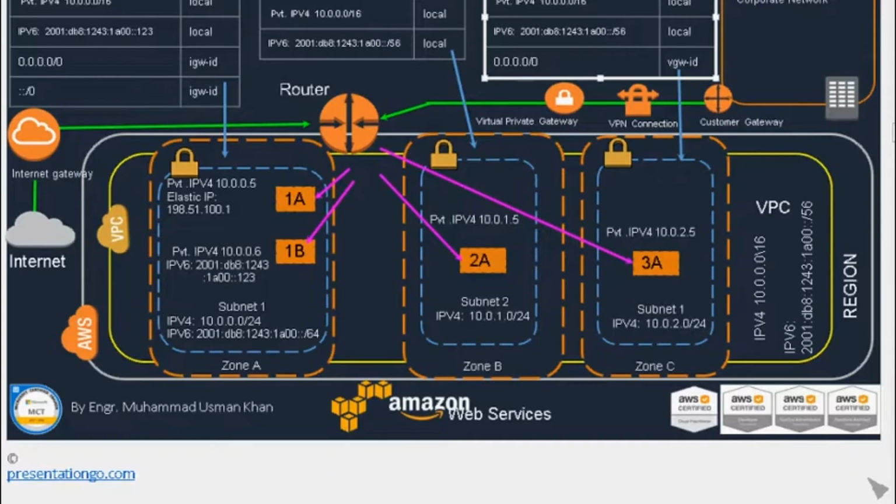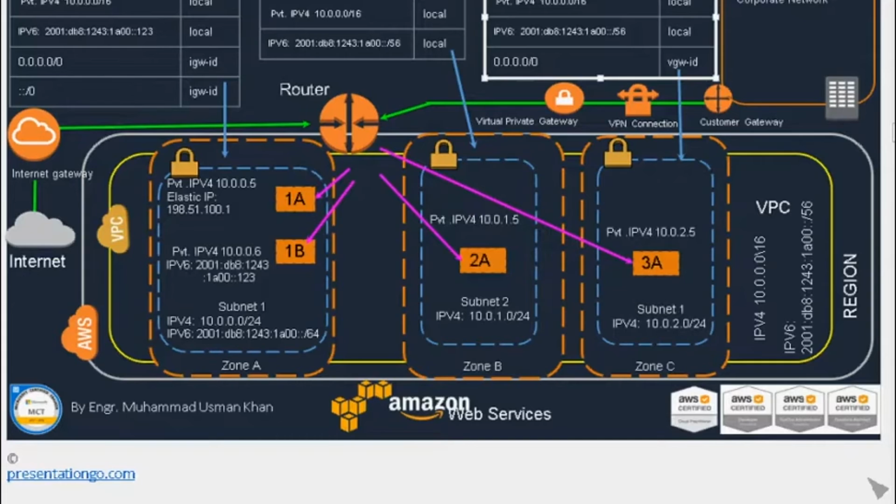VGW is this one, the virtual private gateway. This virtual gateway connects the customer gateway and customer premises with the VPC through the VPN connection. So I hope I was able to describe the whole diagram briefly.